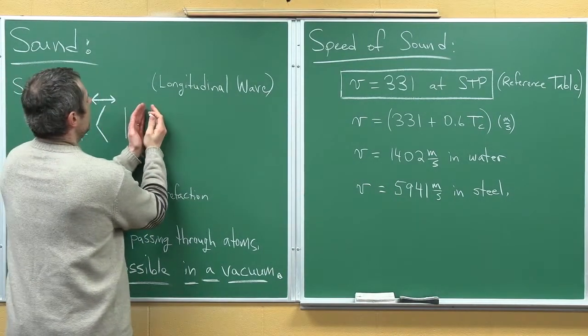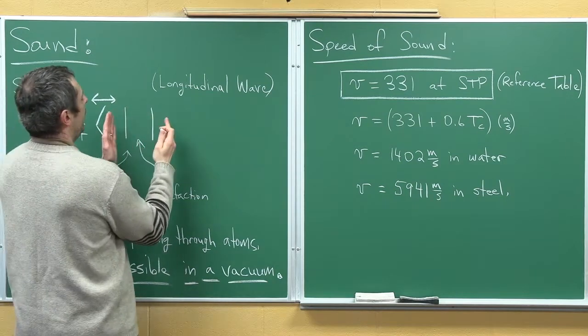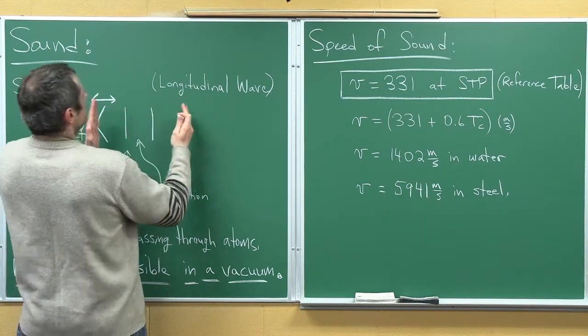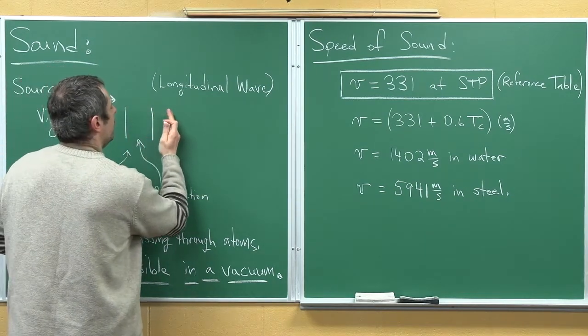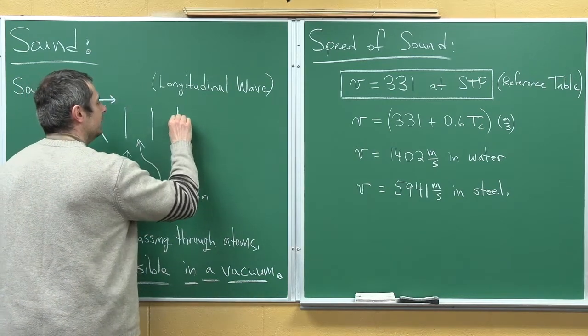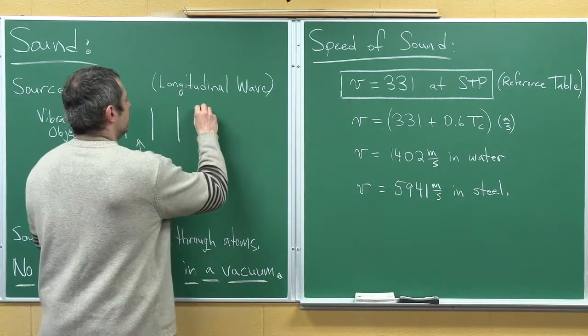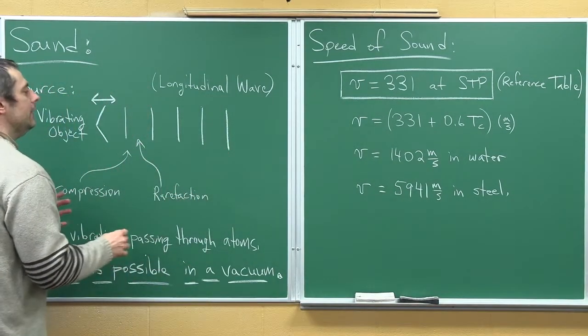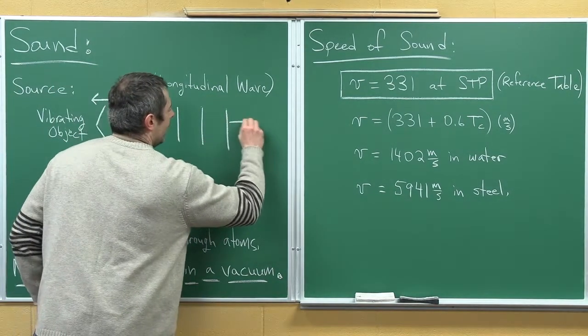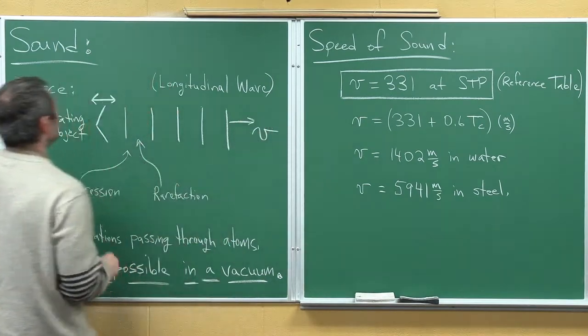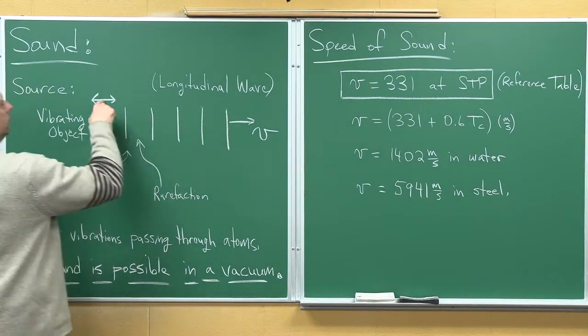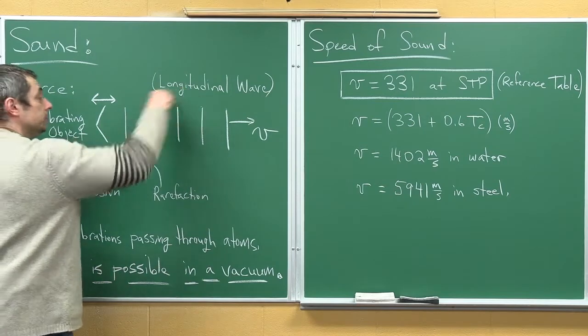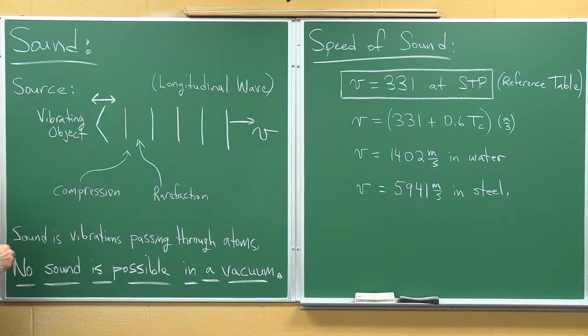Now this is like a balloon that's popped, and it'll rush out like that and expand outward and crush the next layer of air. And that pops, and so that compression keeps traveling through the air with a velocity like this that's parallel to the original vibrations, which makes it a longitudinal wave.